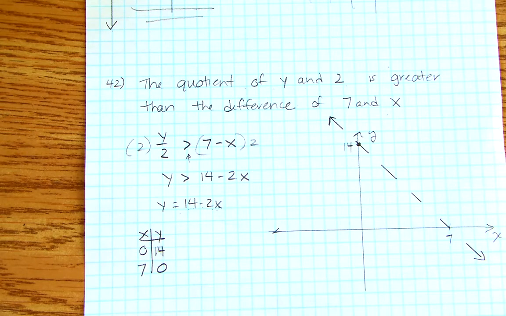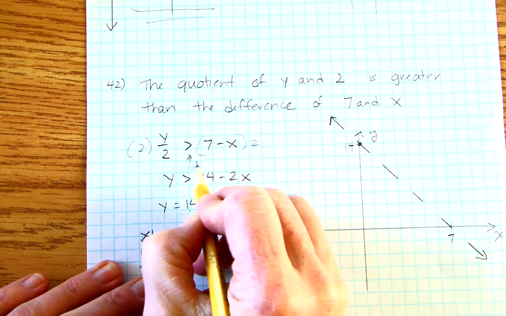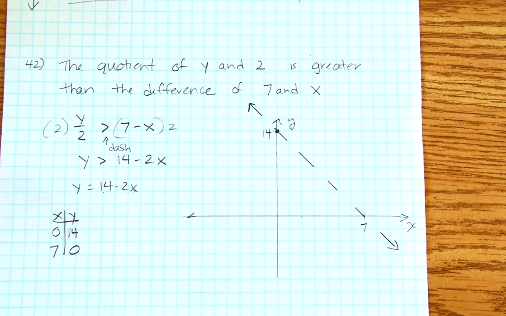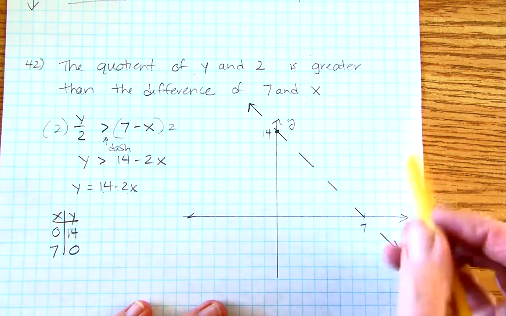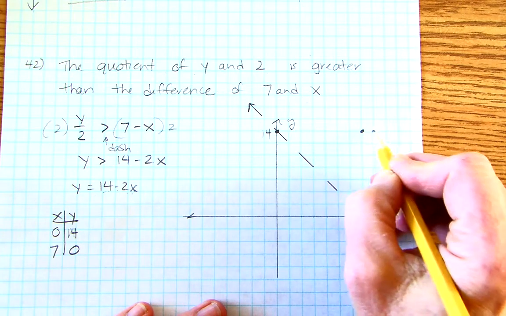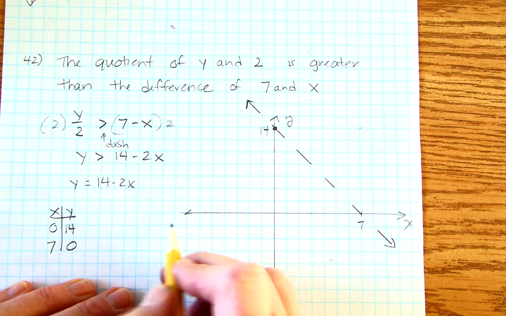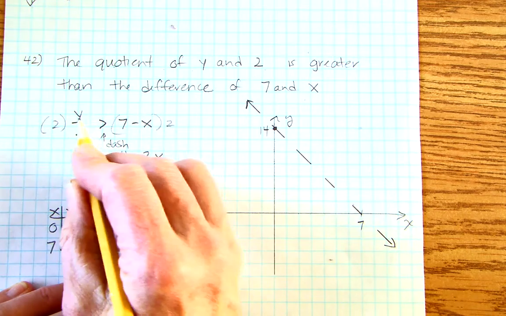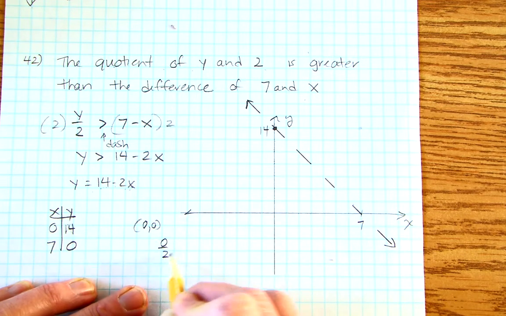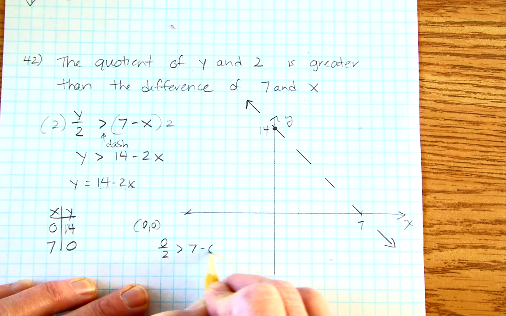Not greater than, not equal to, so I'm going to have to dash the line, but it should be a straight edge.